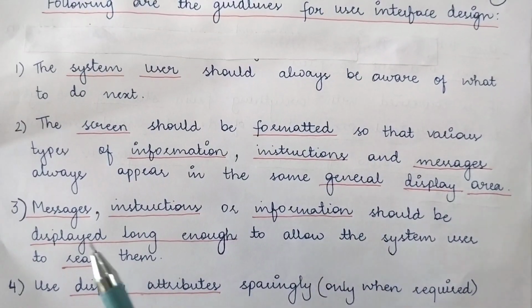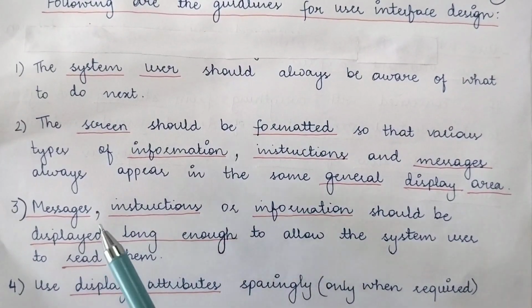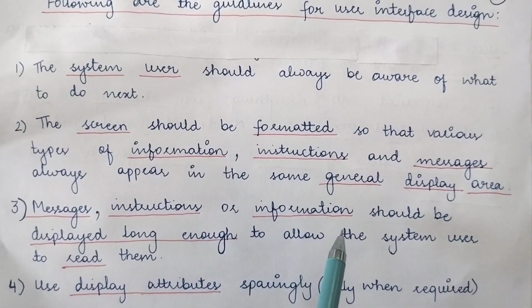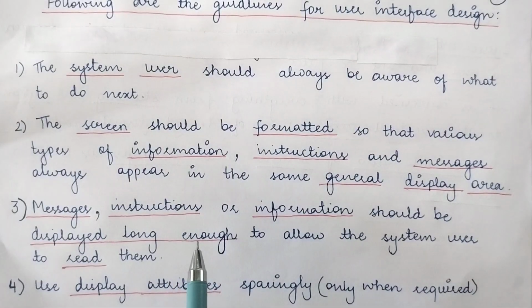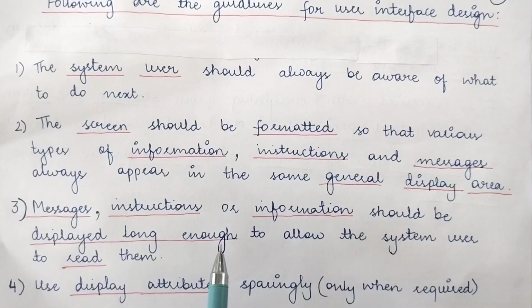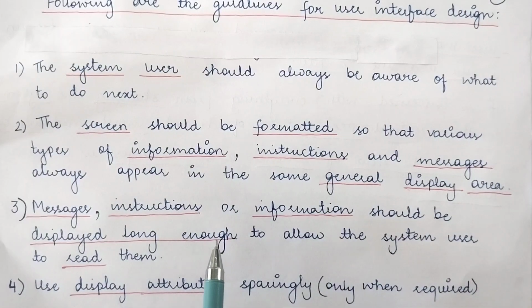The third guideline says that messages, instructions or information should be displayed long enough to allow the system user to read them. Many times we have seen that messages or instructions are displayed for a very short duration and we are not able to read them properly or completely.